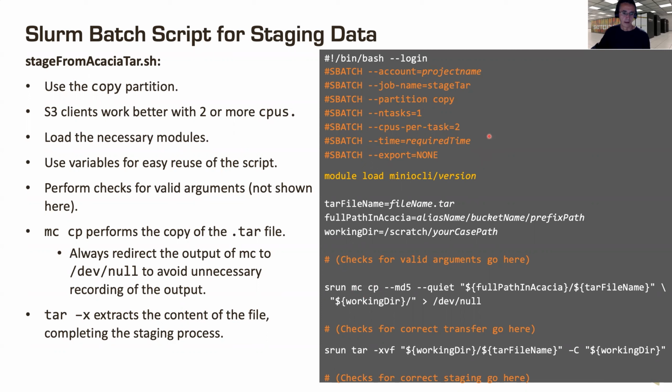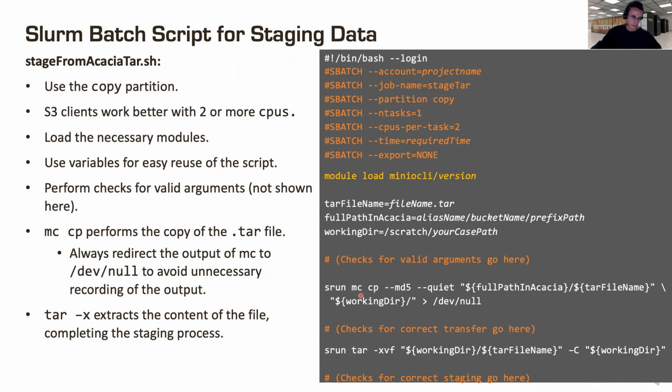And in the case of rclone, for example, if you are doing the synchronization examples that I mentioned in the previous slides, then you will need to ask for more than in the recommendation. I'm saying to use 12 copy threads. So in this case, you should use 12 CPUs per task for a job that is using rclone.